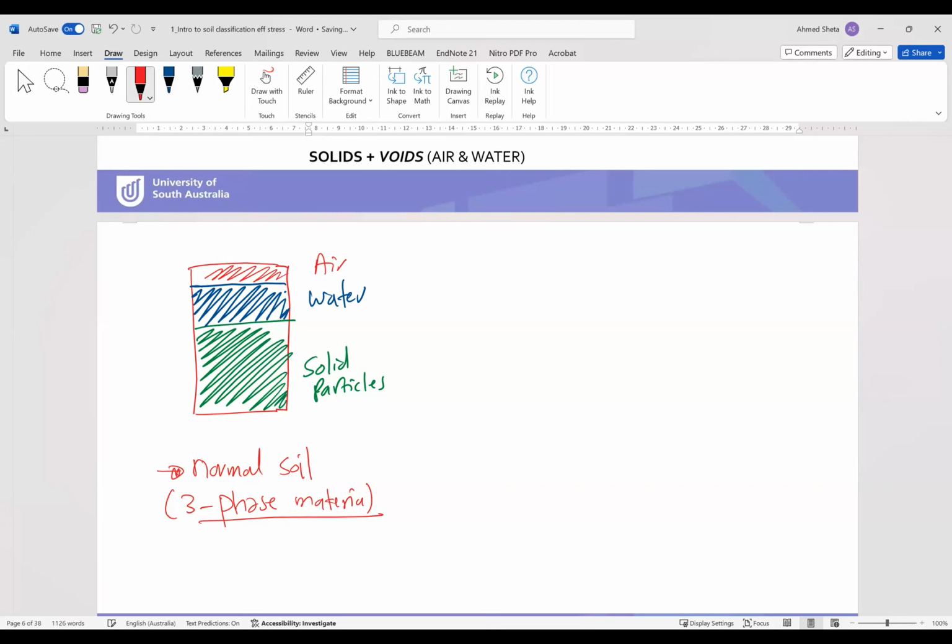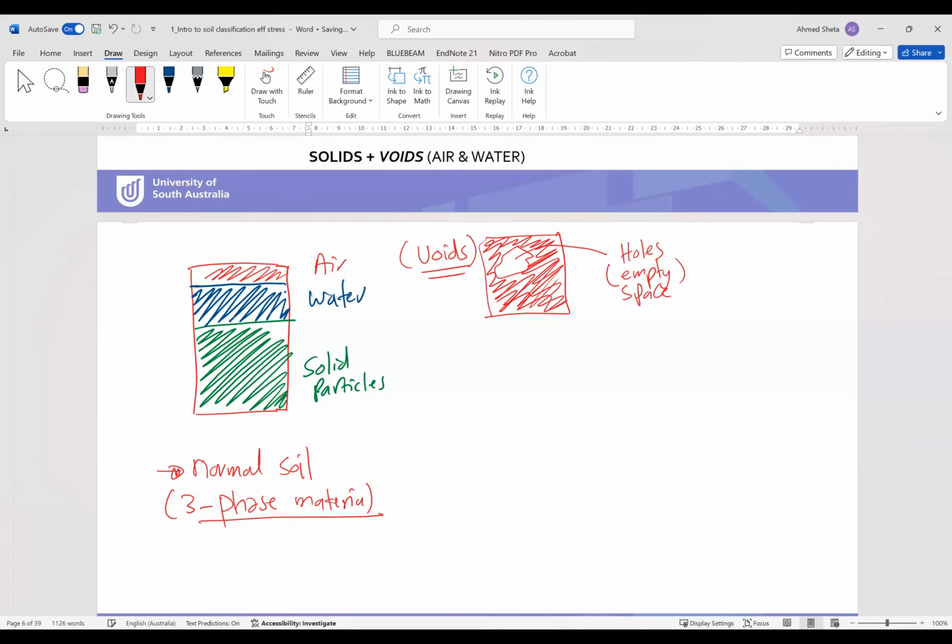Sorry, Joel, voids are like empty spaces. So void means a hole or empty space. This is the definition of it.